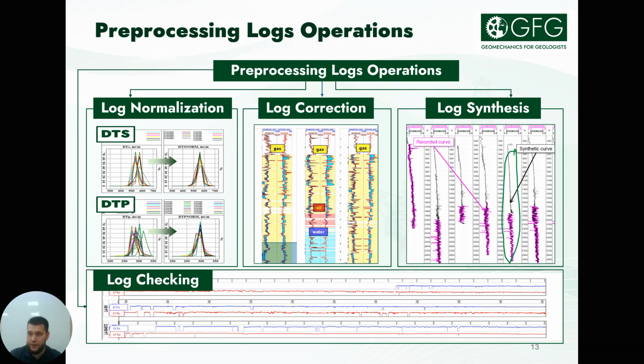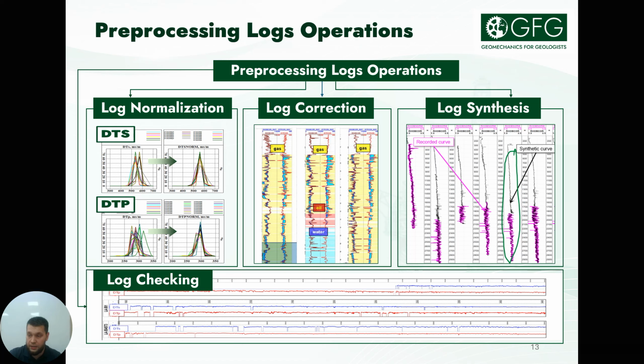Let's go to the main log preprocessing operations. They include log checking, so interruptions, etc. Log normalization, where the log readings will be similar in the same interval, such as sandstone or shales, for the different logging tools, minimizing tool calibration and scaling differences.